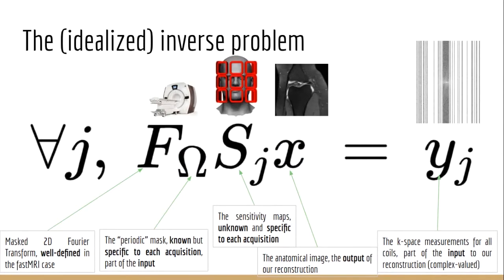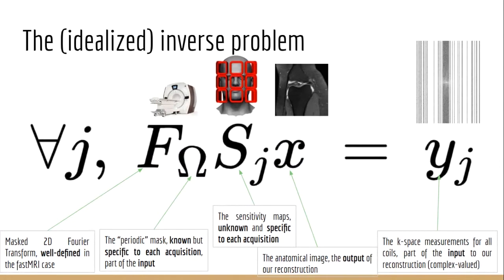So this S basically represents the fact that we do not have only a single measurement channel for a given anatomical object. We actually have several receiver coils. As you can see here in red, all these little red squares are receiver channels, which are going to receive some signal from the object.